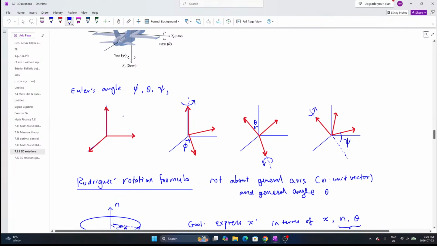So the problem is, let's say, given these Euler's angles, how do we calculate the rotation matrix? Because that's another way to parameterize rotation. It won't be the same as the Rodriguez formula because there's no one single axis.